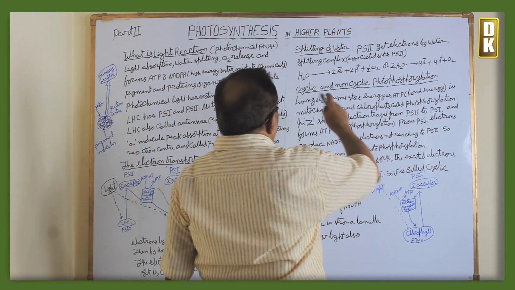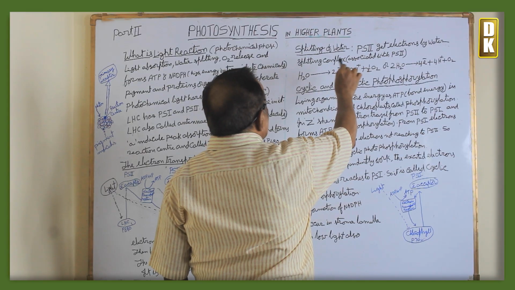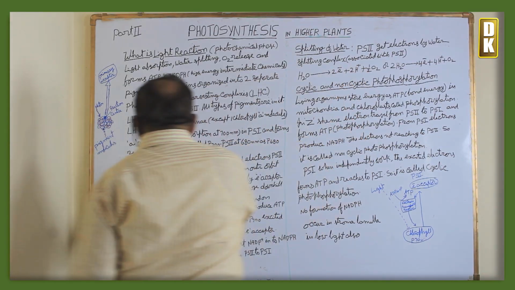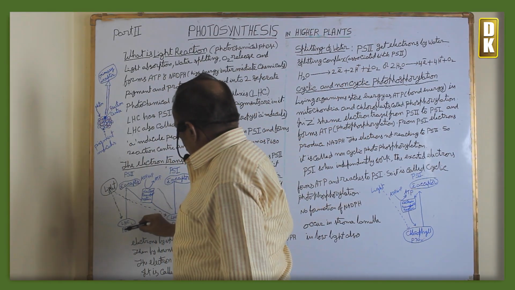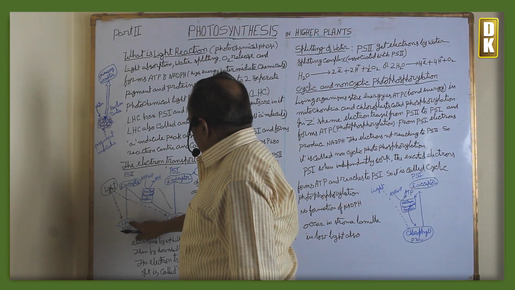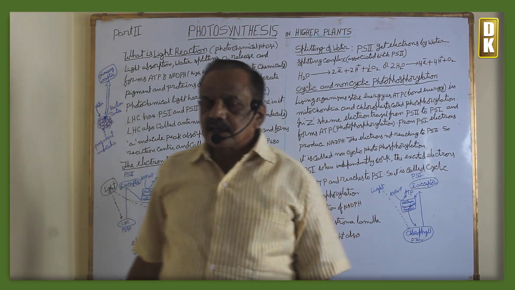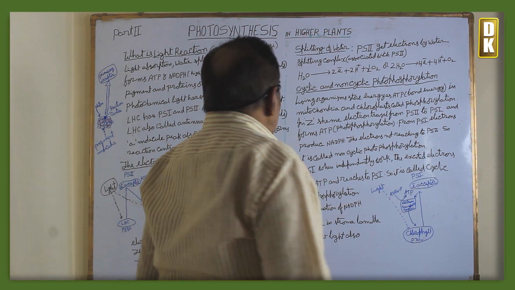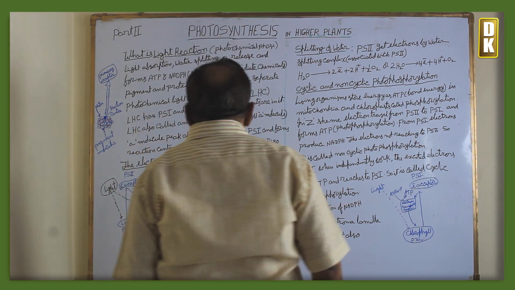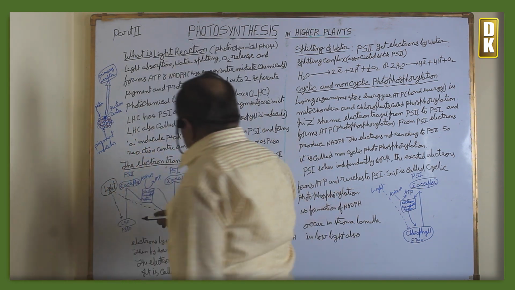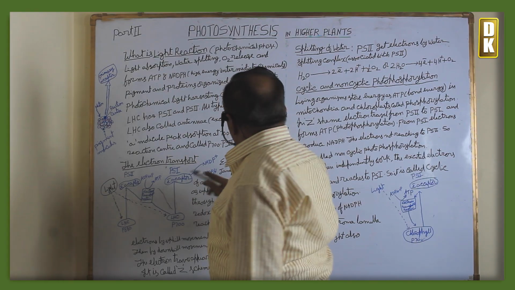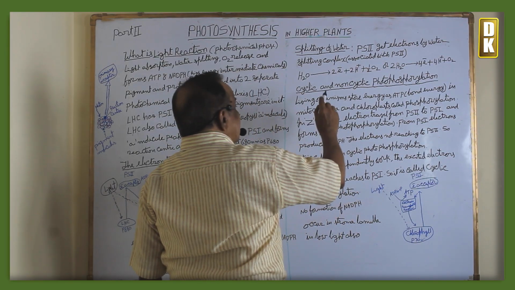Now these electrons will be supplied to photosystem 2 and the reaction center will become stable. Now, this is the Z scheme, cyclic and non-cyclic.